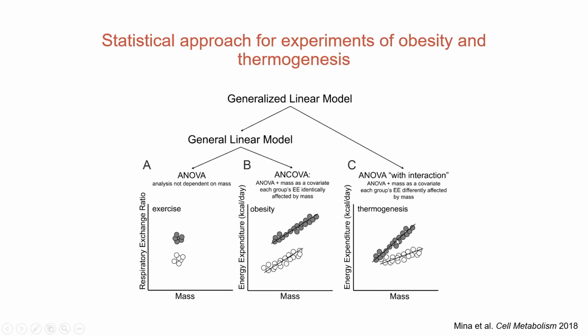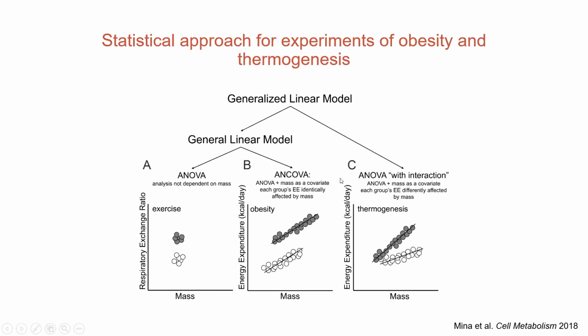So if you have intersecting slopes, you have what's called an interaction effect. And if you imagine this group has more and more brown fat mass and a higher metabolic activity with each gram of fat mass, then it's going to depend on the weight of the animals as to whether or not your effect is significant.